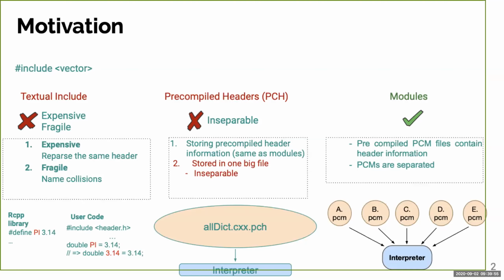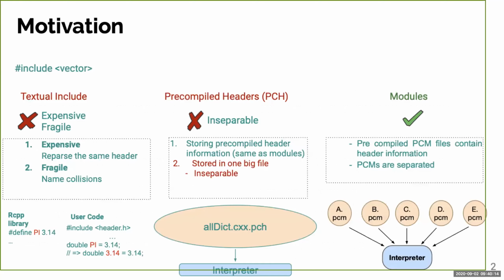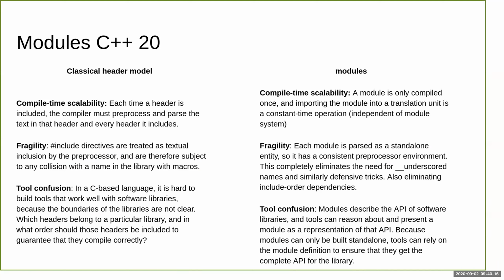So I would like to talk about Boost modules, C++ modules. C++ modules are an upcoming feature that will be introduced in C++20, and it tries to replace the standard header model. So there are a lot of advantages over the standard header model.